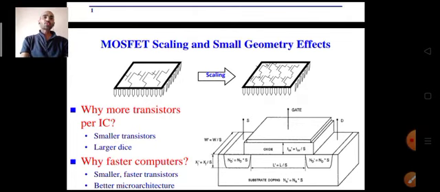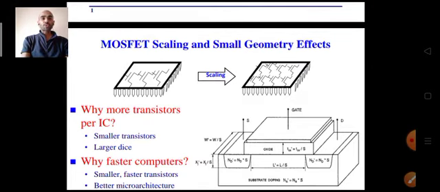So the motto of today's class is to discuss the effect of scaling, what issues come up when we scale down the device, and how we can include the scaling constant in the various equations of the device and how these equations get affected by that scaling parameter.